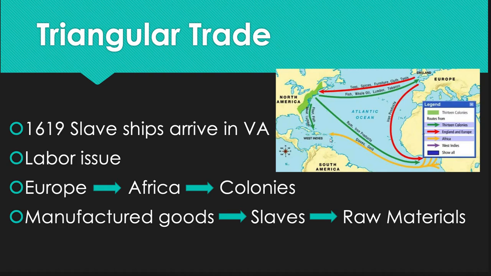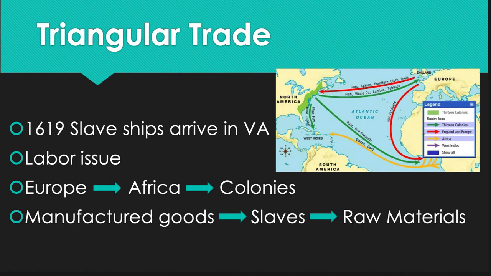And also you can see that England is trading with the colonies, and what they're trading back to the colonies are manufactured products, those manufactured goods such as teas, furniture, cloth, tools, spices. All of that is going to go from Europe into the colonies.